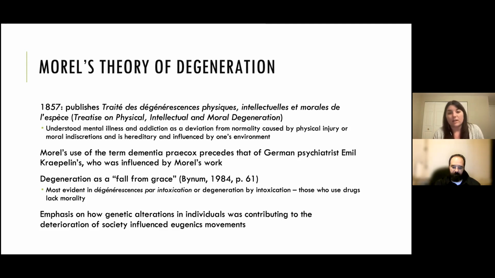Interestingly, in my analysis, I found that Morel's use of the term dementia praecox precedes that of German psychiatrist Emil Kraepelin, who we all know is really well known for his development of psychiatric classification, which really influenced the DSM and ICD classifications of psychosis and schizophrenia. So I was surprised to come across that. Digging deeper, we found more connections between Kraepelin and Morel.